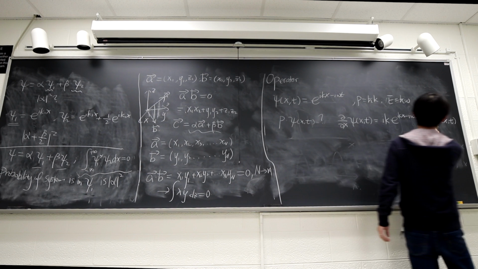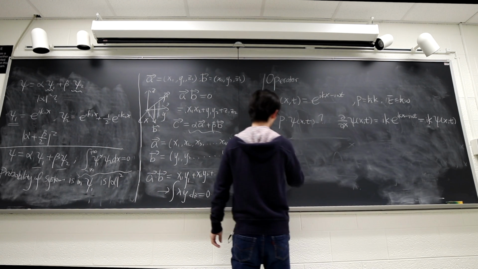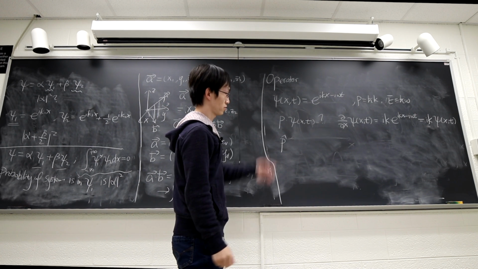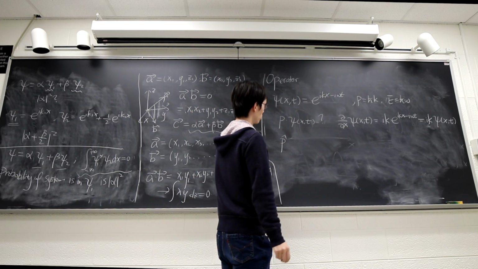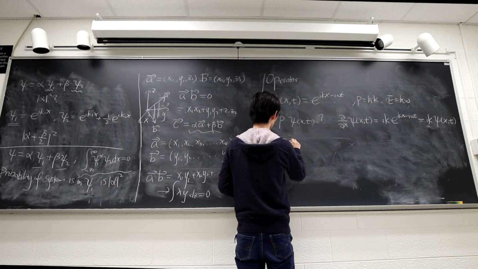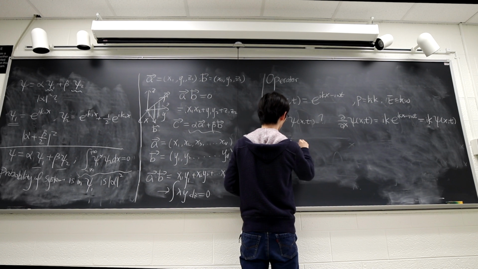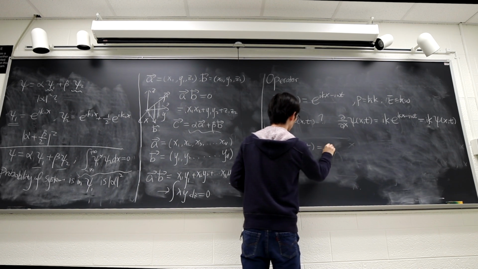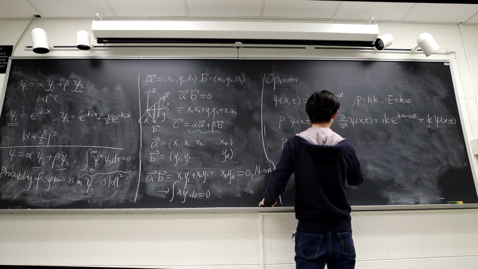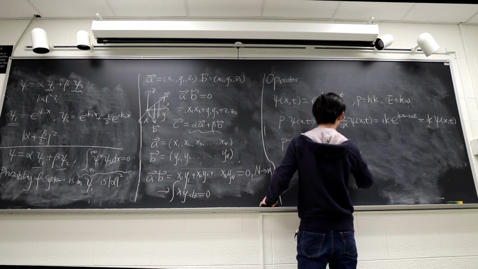Now there are some factors you need to fix here, right? So eventually people kind of agree on what's showing here. Say if you want to get momentum, what you can do is take a derivative of your wave function.